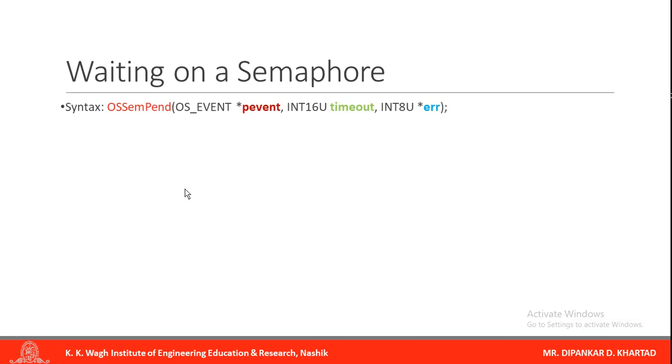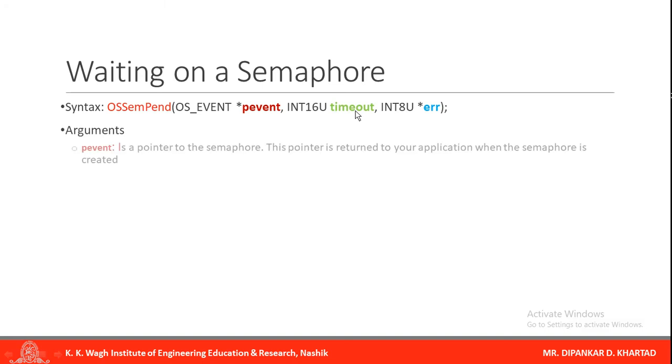Now its syntax is OSSemPend with pevent. Now this point is important: we have to mention the timeout here. It is of type INT16U, unsigned 16 bit. Now the arguments are: pevent, a pointer to the semaphore, returned to the application when the semaphore is created.